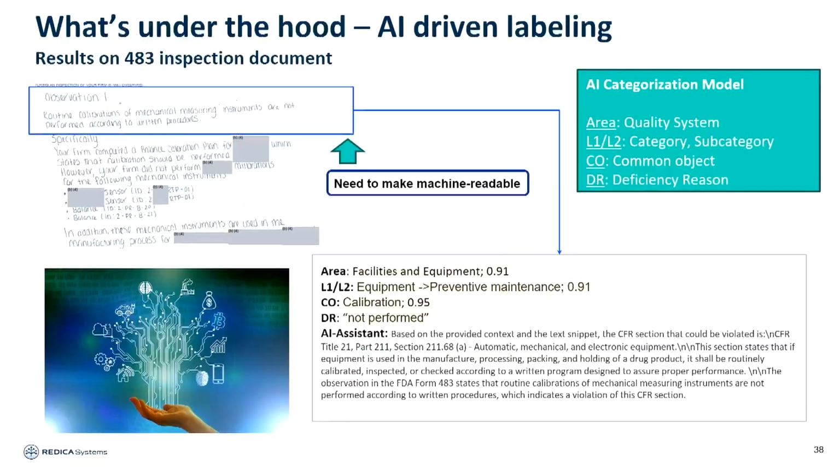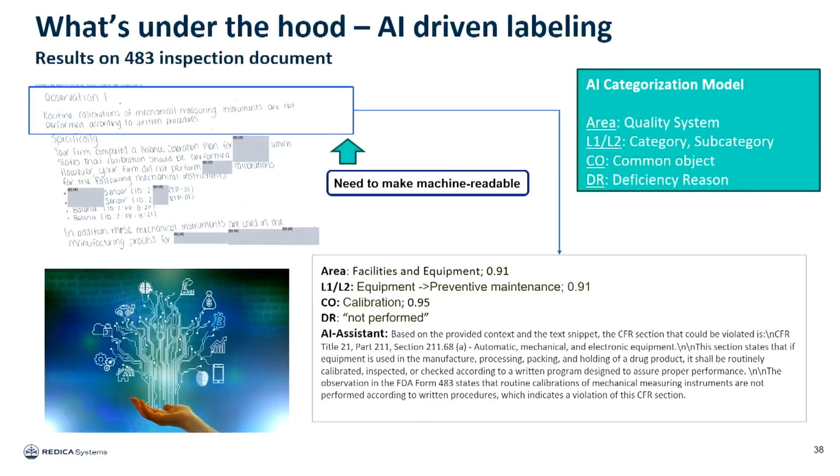So you can see here, on the top left, this particular document happened to be handwritten. We have older ones that are handwritten, and even if they're not, if they're just a scanned picture document, you still have to make it machine readable. And then once you do, the AI goes to work, and it says with 91% confidence, we think this is in facilities and equipment.